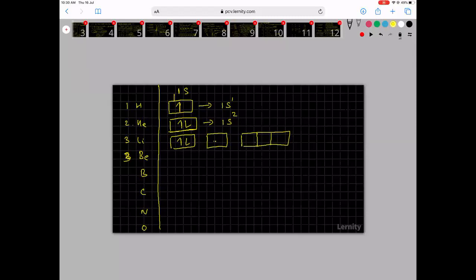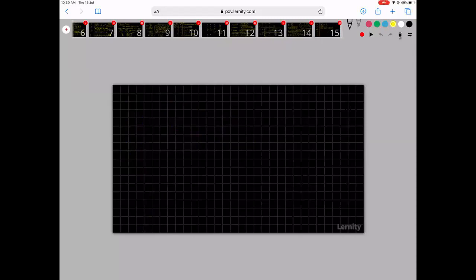Here we have some rules, so we will start writing down the first rule. Whenever electrons fill up orbitals, they fill those with lower energy first.